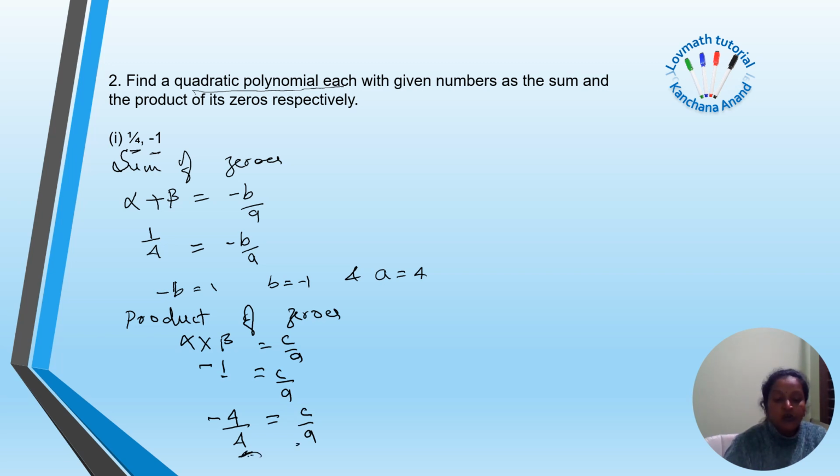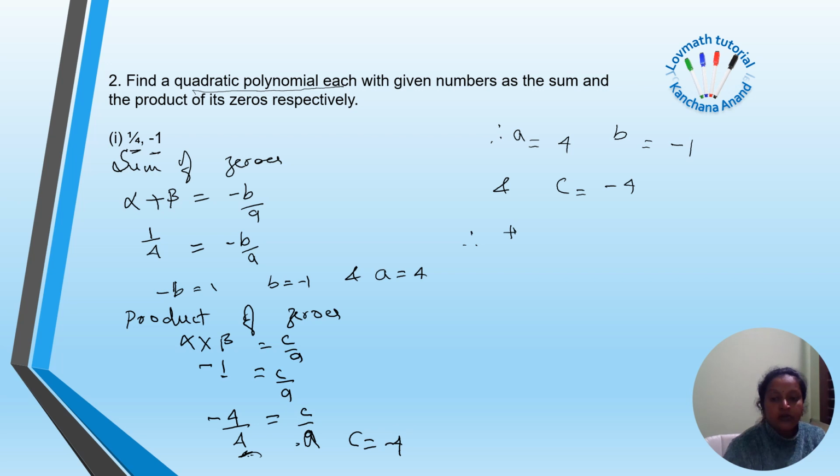Well, that is the value of a becomes equal to 4 and the value of c is equal to minus 4. Therefore a is equal to 4, b is equal to minus 1 and c is equal to minus 4.